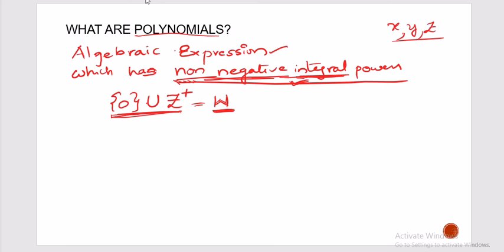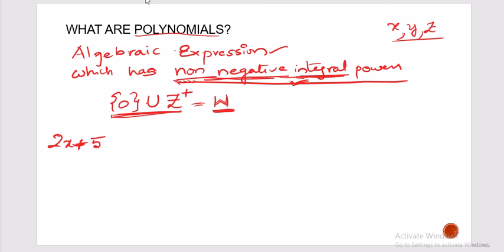Okay, right? So let us see some examples related to this. Let us take some examples and say whether each is a polynomial or not. Suppose I take 2x plus 5. Here the plus is nothing but the connector.